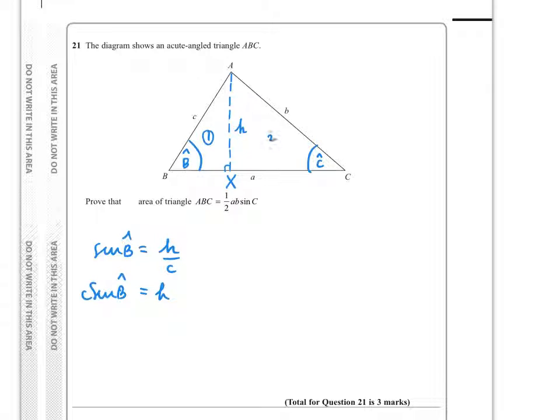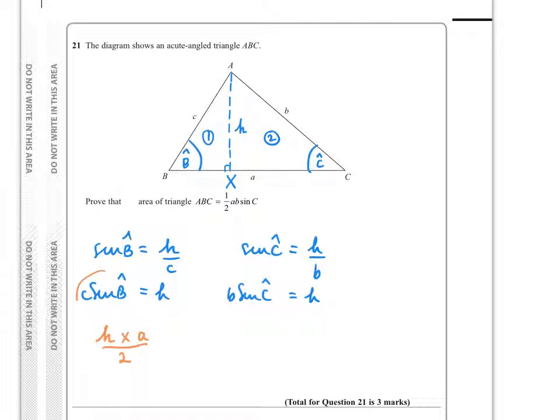In the second triangle, we can say that the sine of C is the opposite to that, h, over the hypotenuse in this case, which is b. So we get h is b sine c. Now, when we're looking at the area of this triangle, the area is the height times the base halved.